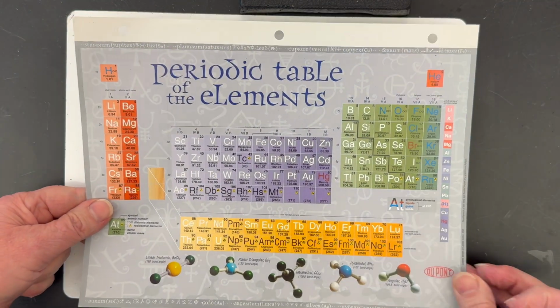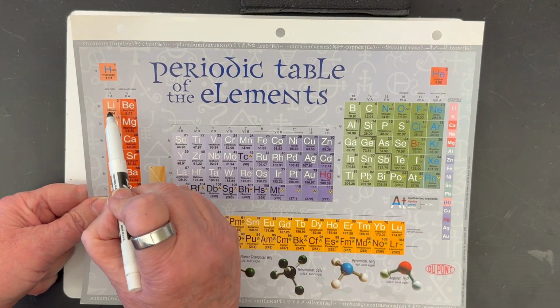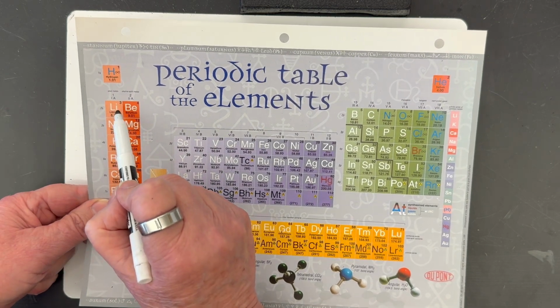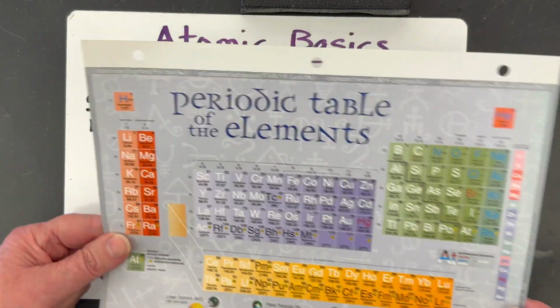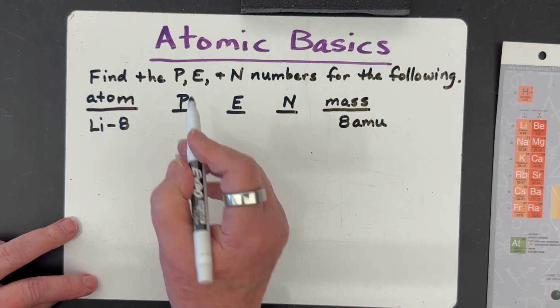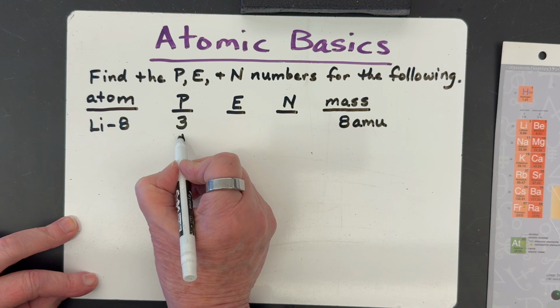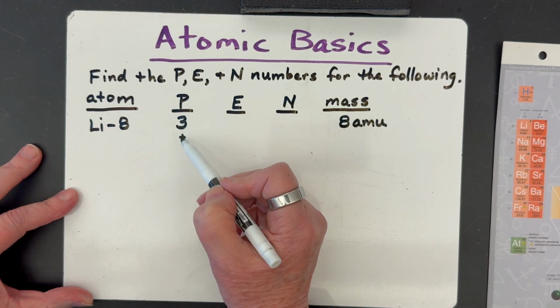So first we find lithium. It's over here, and its atomic number is 3. That tells us the number of protons. Remember, protons are plus charges. So we have 3 pluses.